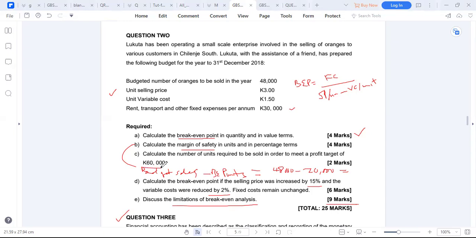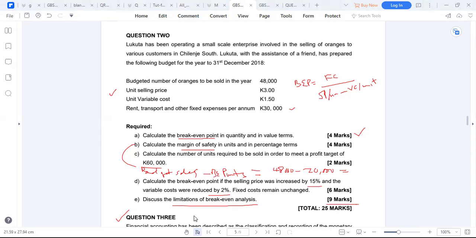So when there's target profit, what formula do we use? What's the formula for the targeted profit? Maybe. Let me just give it a try. I'm not too sure.